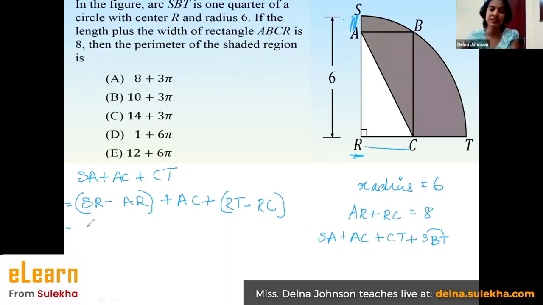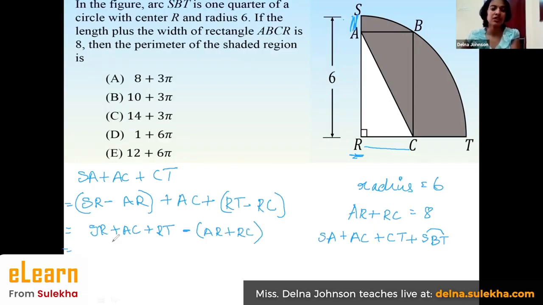Yes. So after this, you're rearranging this. When you're rearranging, you put the minus signs together and the plus signs together. So it's basically SR plus AC plus RT, and then minus of AR plus RC.